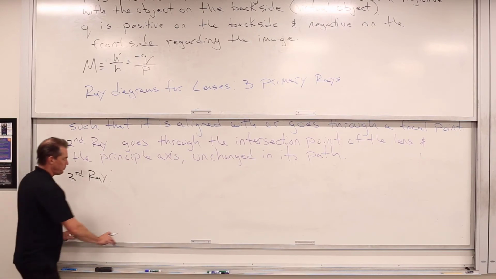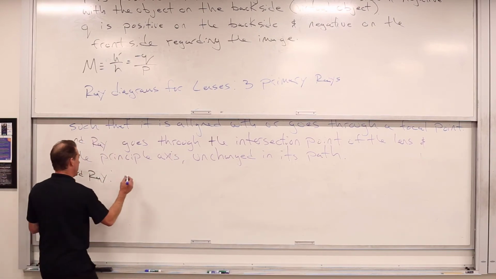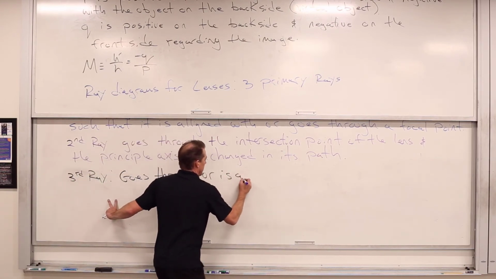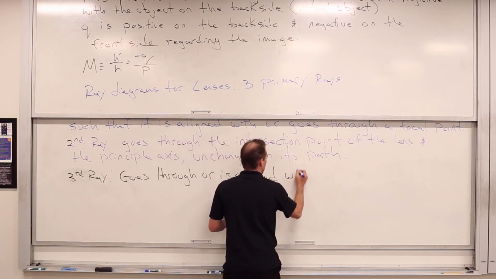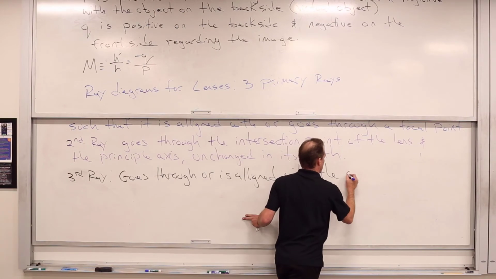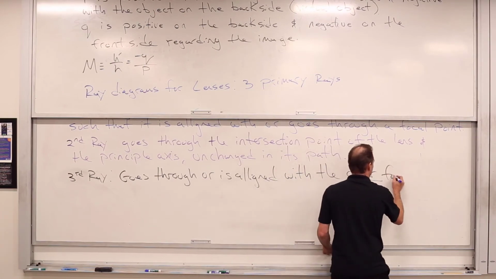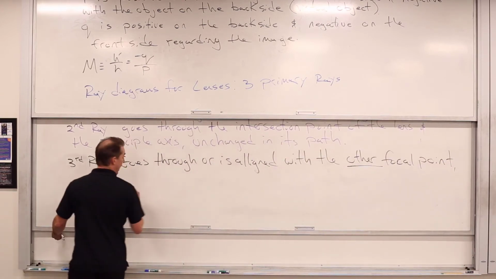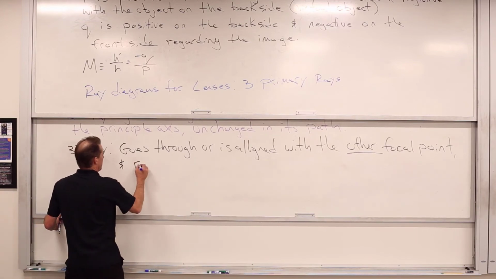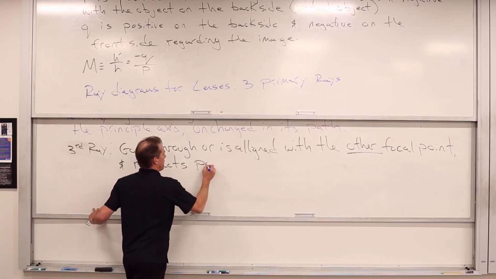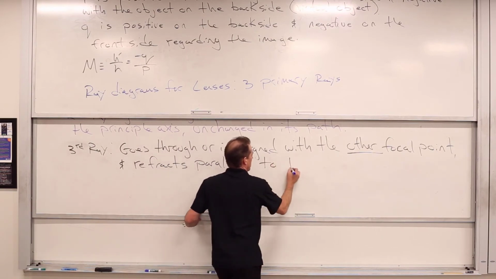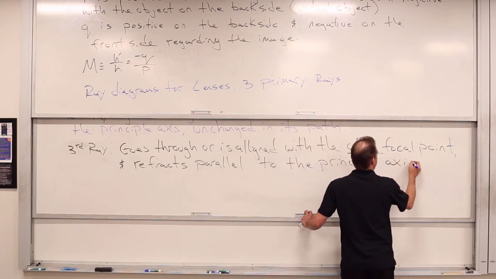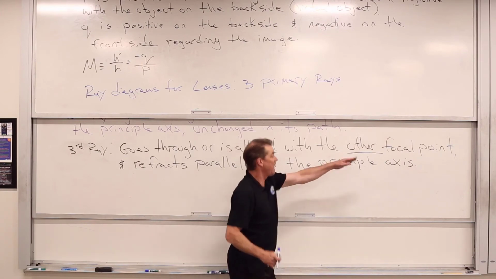Third ray goes through or is aligned with the other focal point, and refracts parallel to the principal axis. So notice it says other focal point.